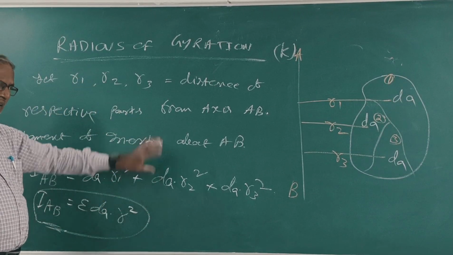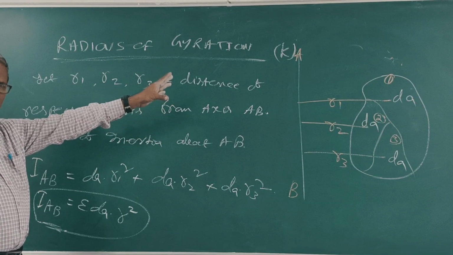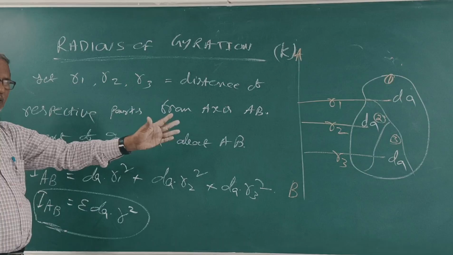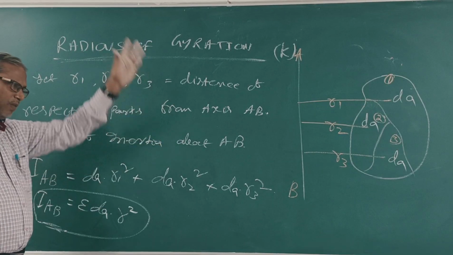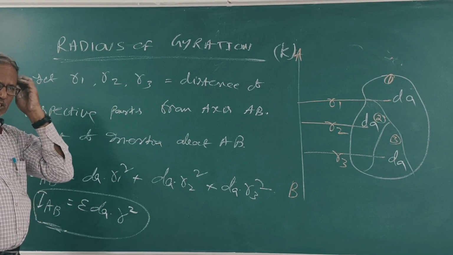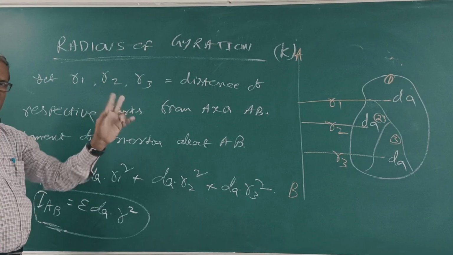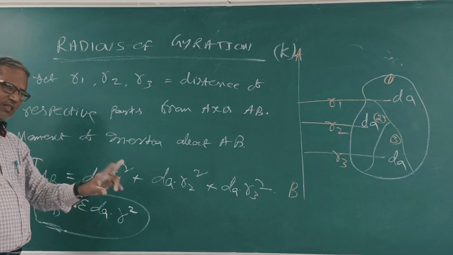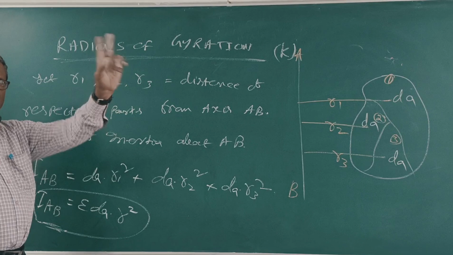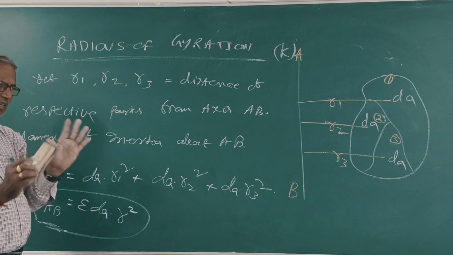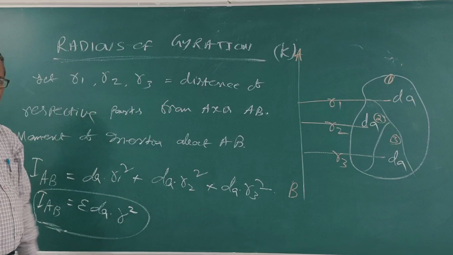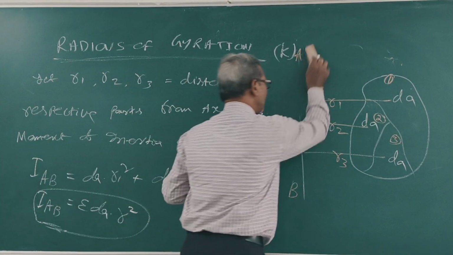If all the parts are placed at a fixed distance k from the axis AB such that in both cases IAB remains constant, then k is called radius of gyration. Clear? Now I will draw the figure.